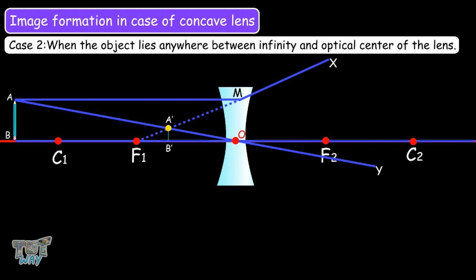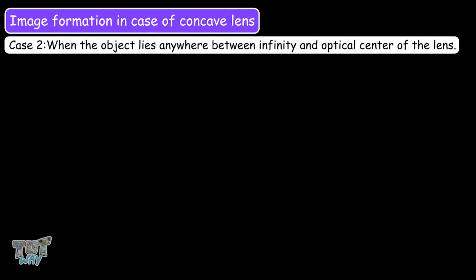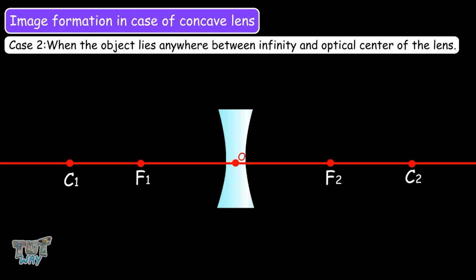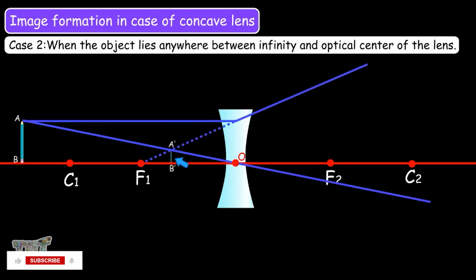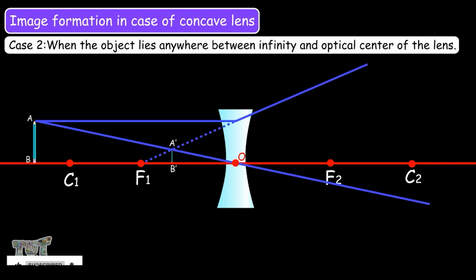Now, let's see the various locations of the object between infinity and the optical center of the lens and its effect on the image formed. We place the object beyond the center of curvature. A highly diminished image is formed. Now, bring the object a bit closer.